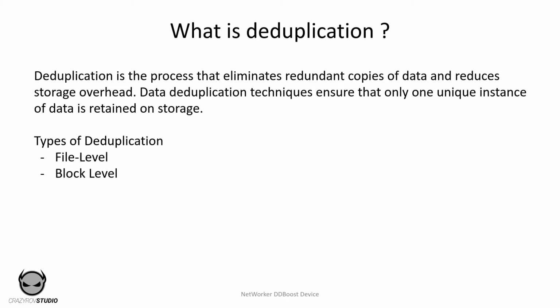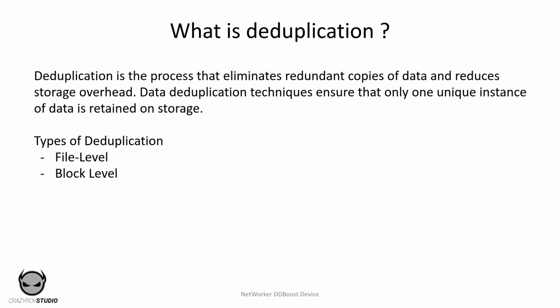So what exactly do we mean by deduplication? Data deduplication, often called intelligent compression or single instance storage, is a process that eliminates redundant copies of data and reduces storage overhead. Data deduplication techniques ensure that only one unique instance of data is retained on the storage media, such as disk, flash, or even tape.